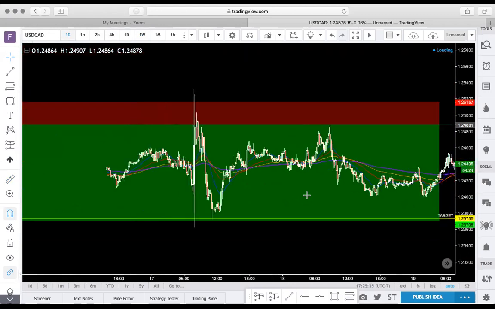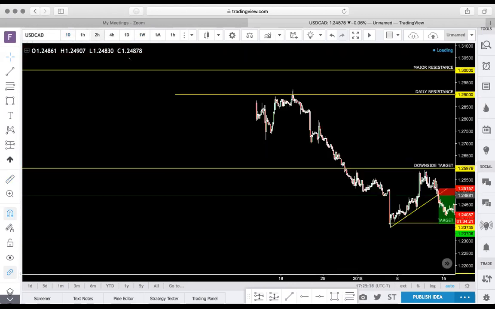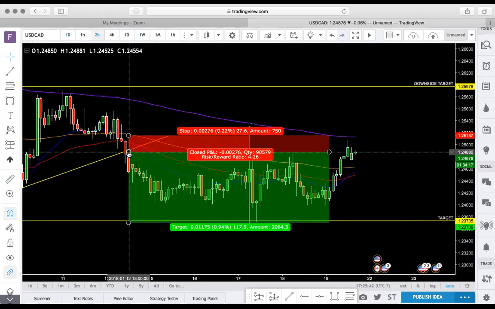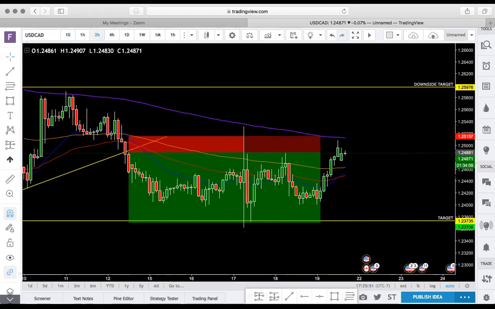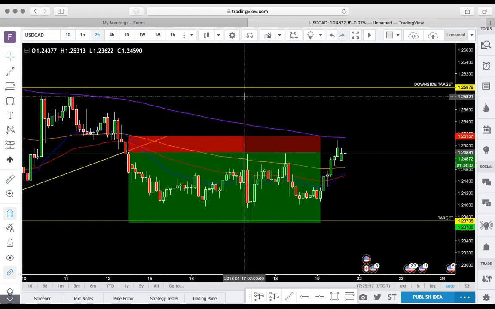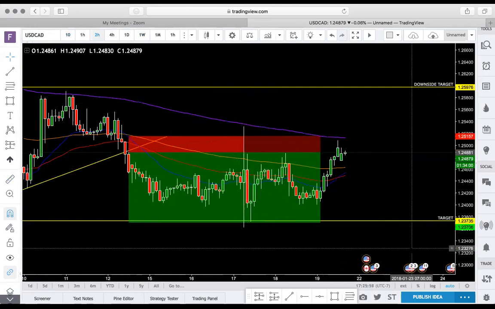Now we were looking at this last week, and we were looking at a short trade here. This was on the 12th of January. And on a short trade here, our target was down here at 123.735. I think we had some news here. I can't remember what news it was. Might have been some kind of decision.